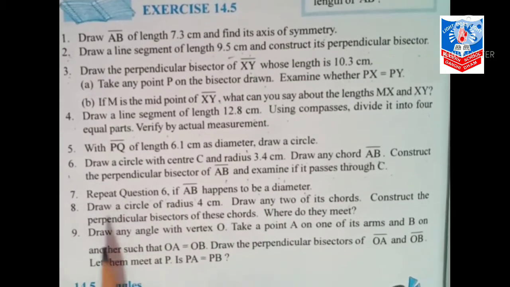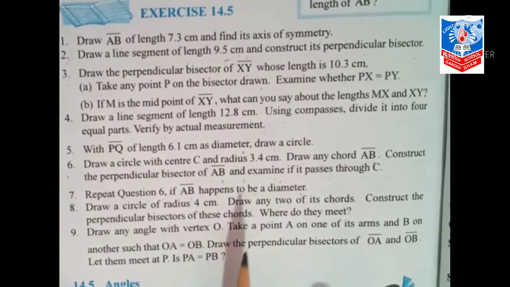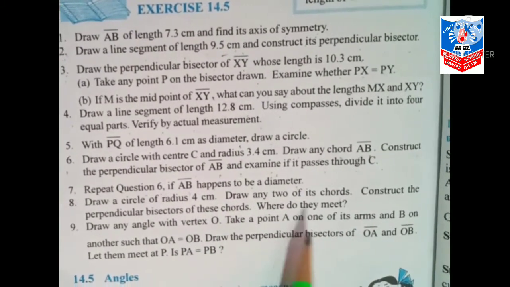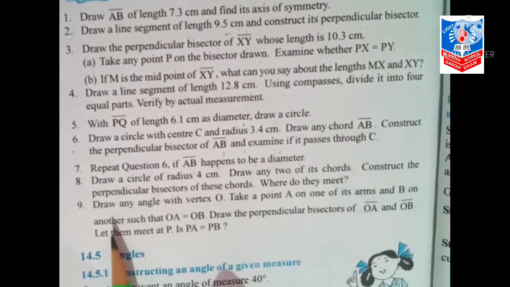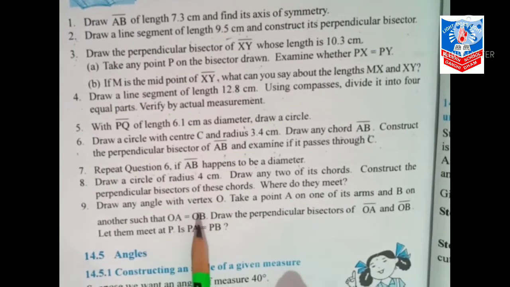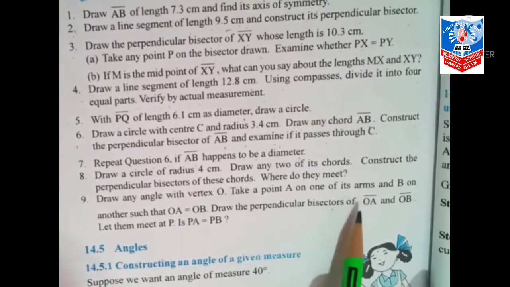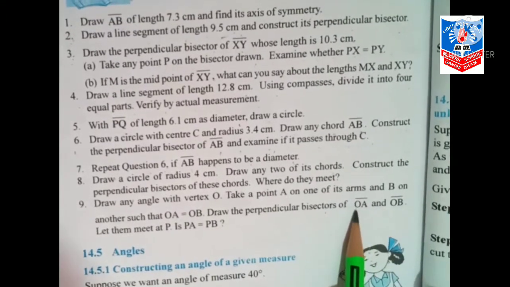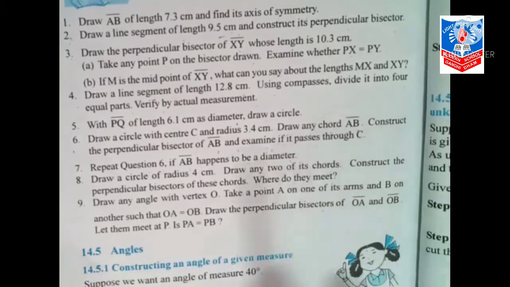Question 9. Draw any angle with vertex O. Take a point A on one of its arms and B on another such that OA is equal to OB. Draw the perpendicular bisectors of line segment OA and line segment OB.